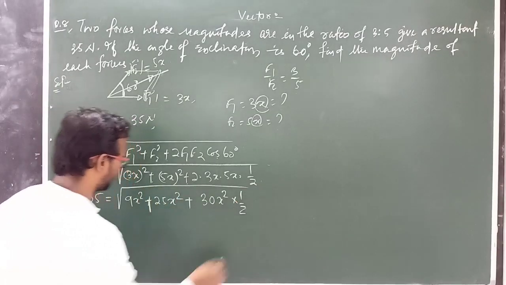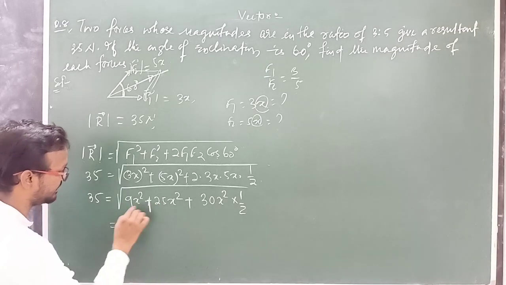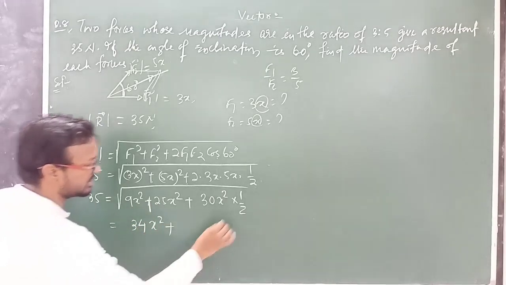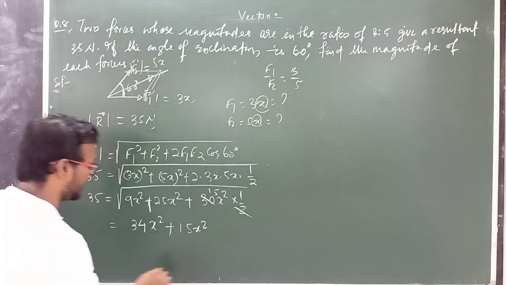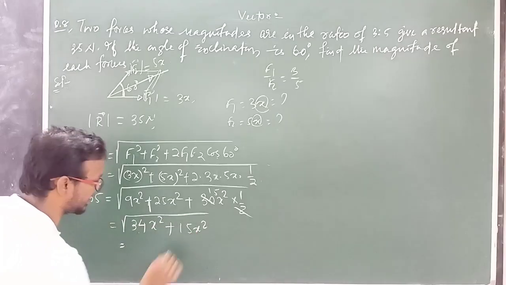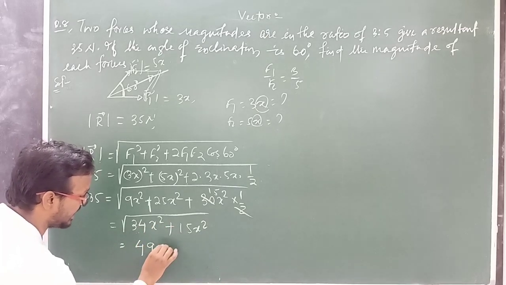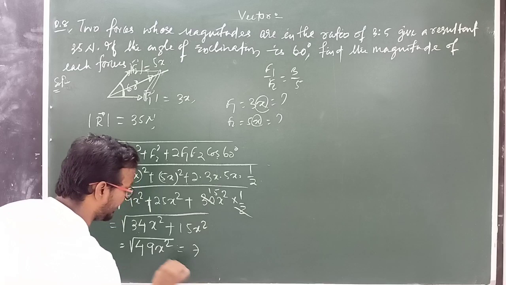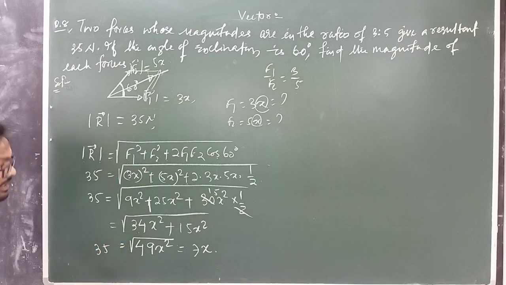Then 9x square plus 25x square is 34x square, plus 15x square, and 34 plus 15 is 49x square, whose square root is 7x. Clear? And which equals 35.